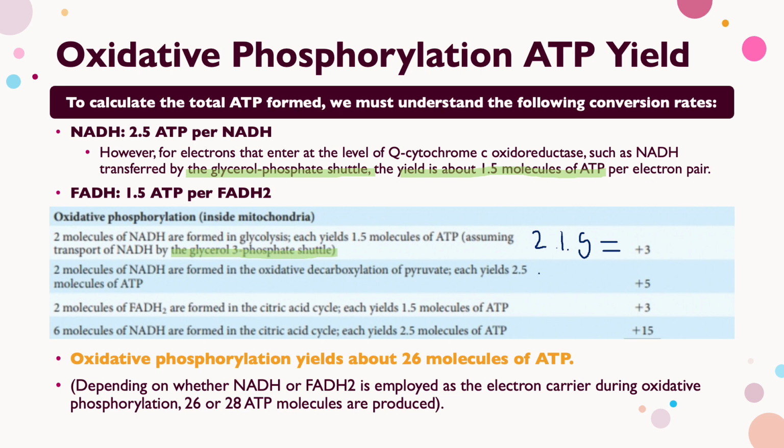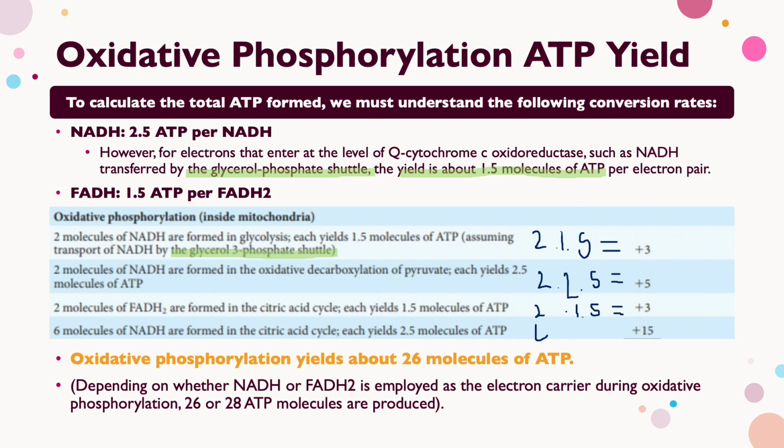So we have 2 times 2.5 equal to 5, and the 2 molecules of FADH2 formed in the citric acid cycle times 1.5 equals 3.